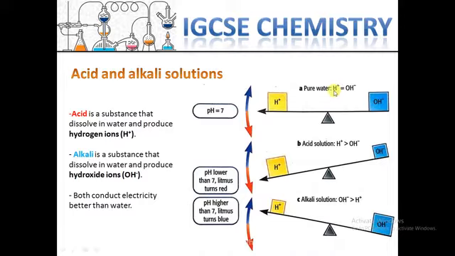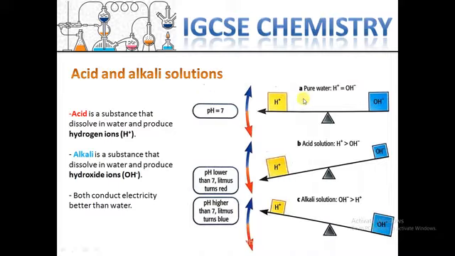So these are very few, and we have very few hydrogen ions and hydroxide ions in pure water. They are equal, but very few, and that's why water is not a very good electricity conductor.